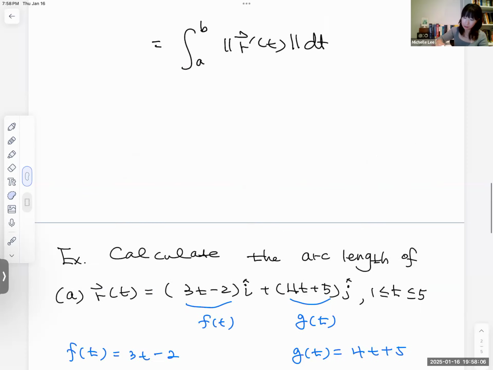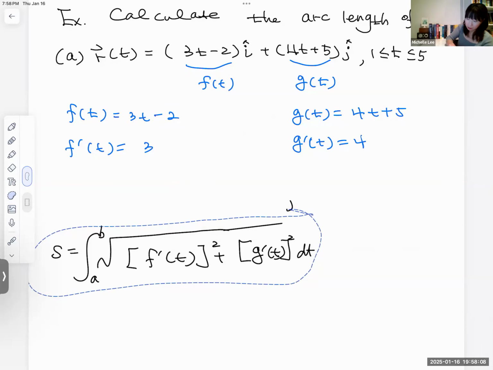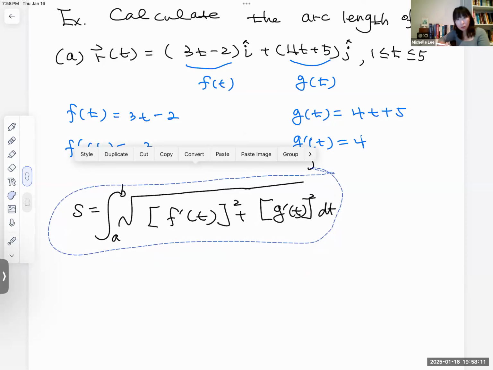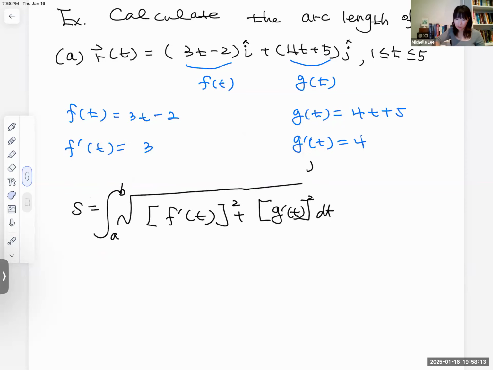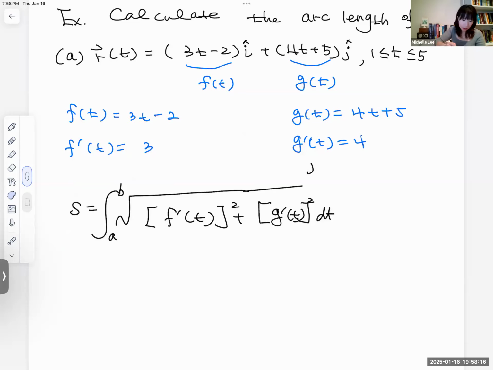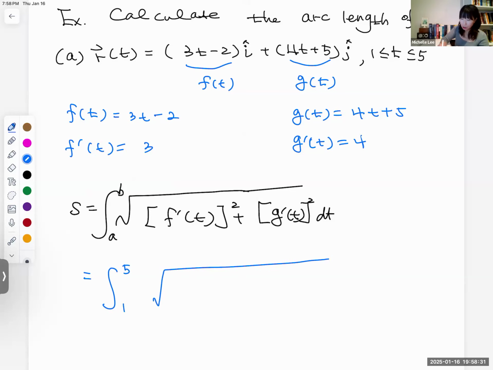We want to know the arc length from 1 to 5. Then the square root of f prime of t squared, which is 3 squared, plus g prime of t squared, which is 4 squared, dt, right?